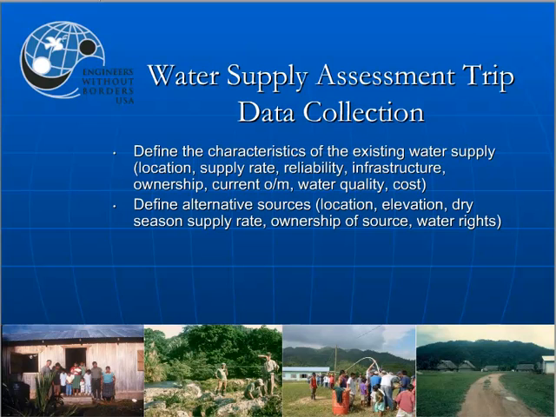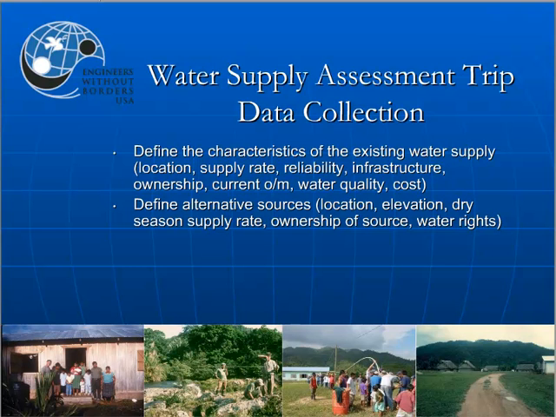Secondly, you should define alternative water sources. What we don't want chapters to do is go to the site, see one potential alternative water supply, like, oh, there's this existing spring, let's just use that.